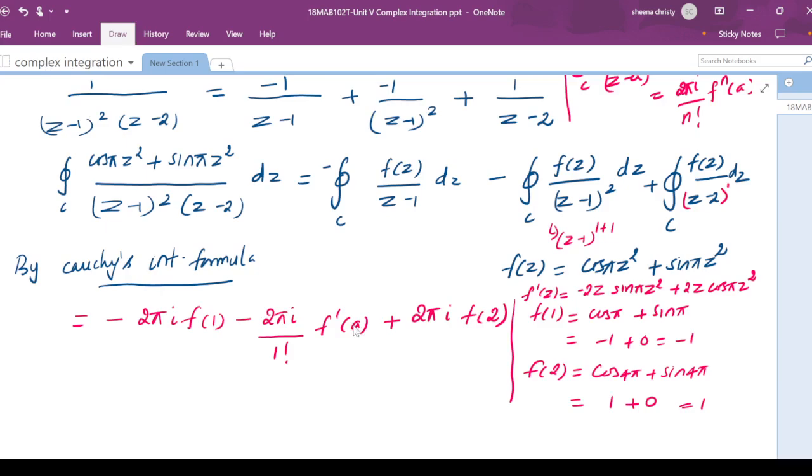In the place of z, we are going to put 1 here. f dash of 1 is going to be minus 2 times sin pi. Sin pi is 0, then cos pi is minus 1. So here you are going to have minus 2.